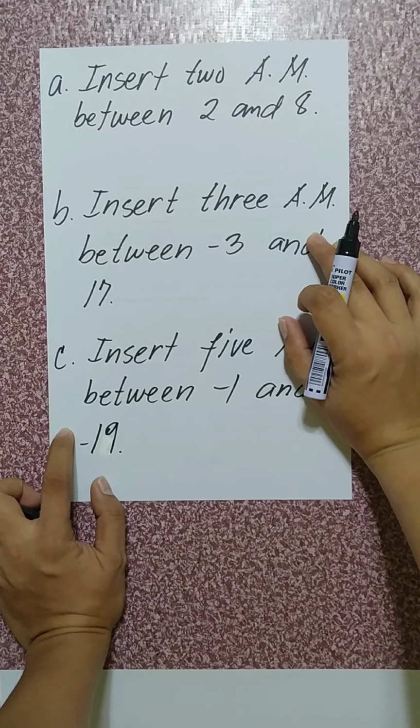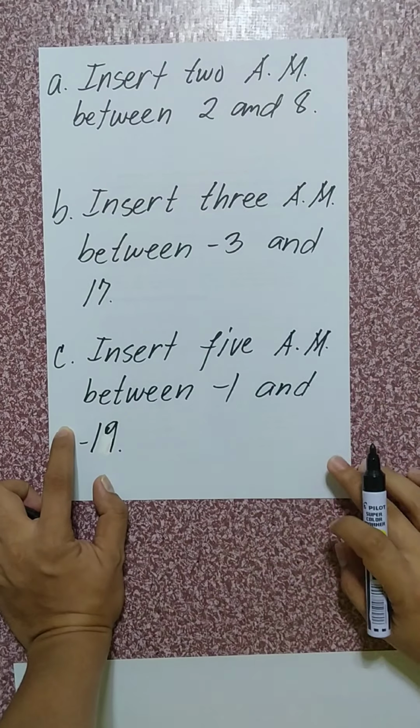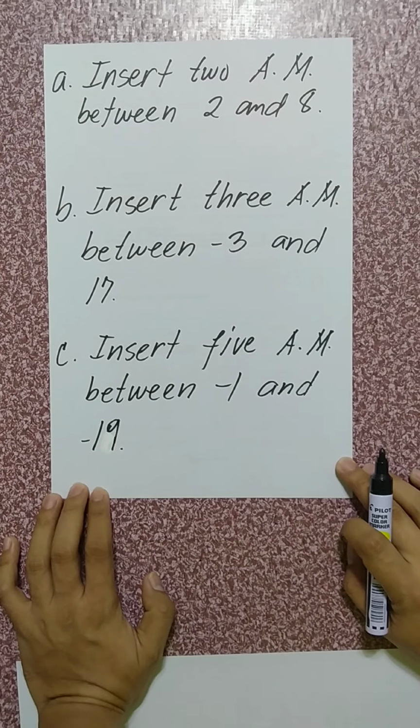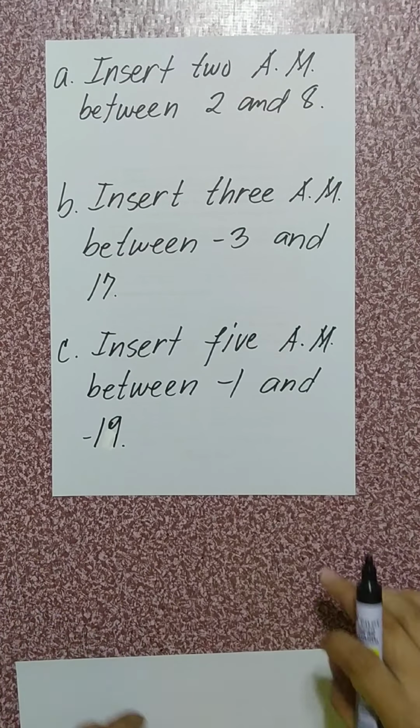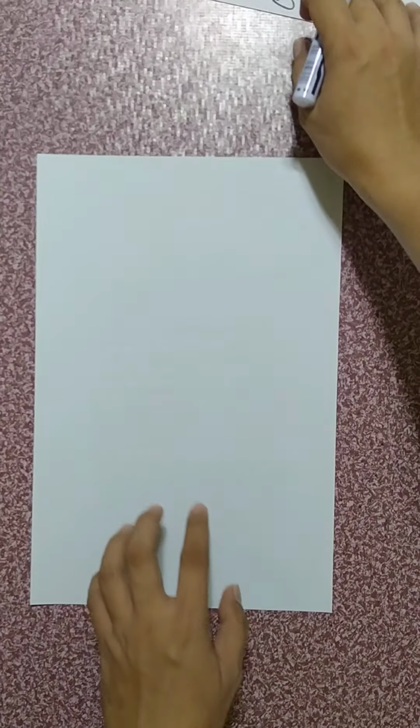So for letter B, we have insert 3 arithmetic means between negative 3 and 17. So ngayon, nadagdagan ng isa yung ating means. So naging 3. Gamit ulit tayo ng separate sheet ng bond paper.